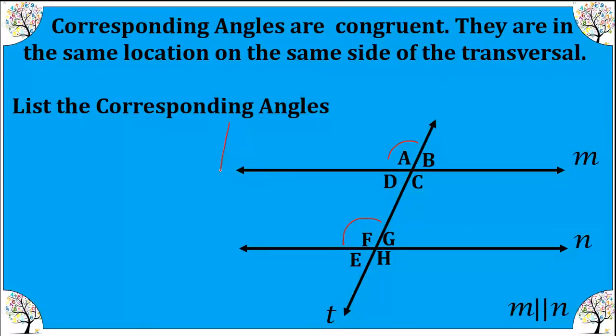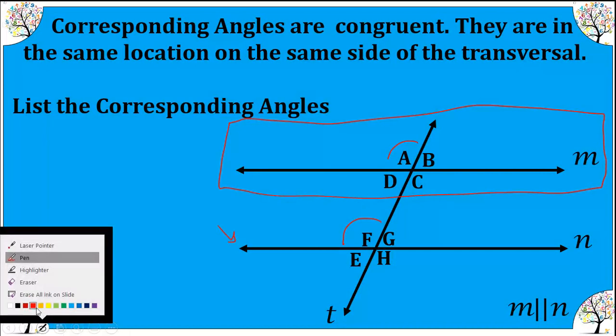If we were to cut this part of our diagram, if we could cut that and lay it on top of this diagram, corresponding angles will line up. They will coincide.